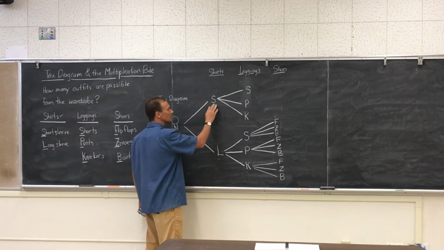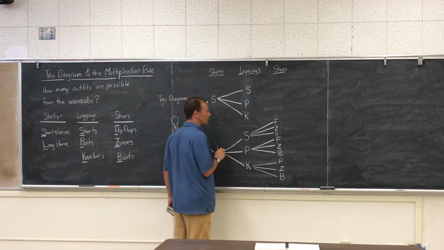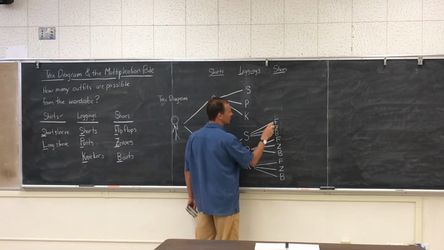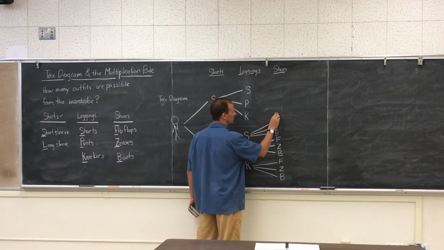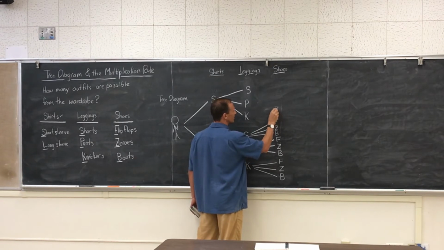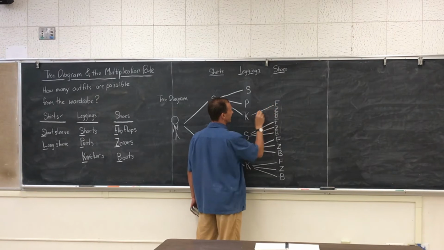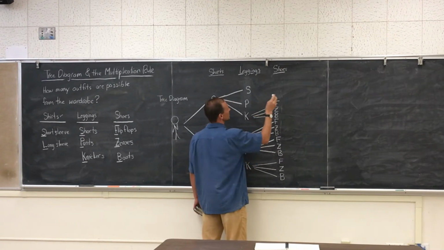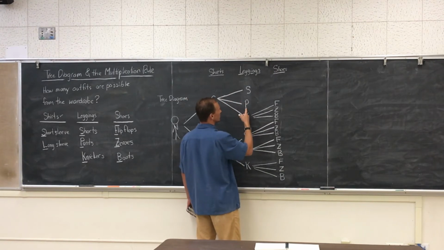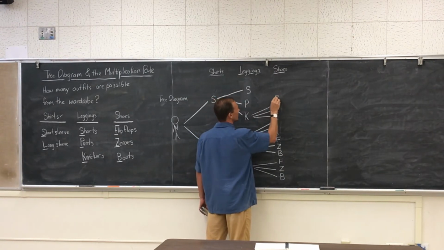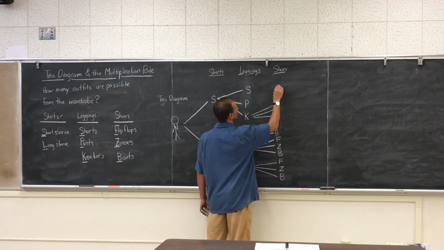What if I put on my short sleeve shirt, then I put on a pair of knickers? Well, again, I would be faced with the same dilemma of, do I wear boots, do I wear zeros, or do I put on flip-flops? Again, I'm stuck with 3 more here. And you can see the pattern. I could have worn a short sleeve shirt, put on my pants, and then I'd have to decide between boots, zeros, flip-flops.